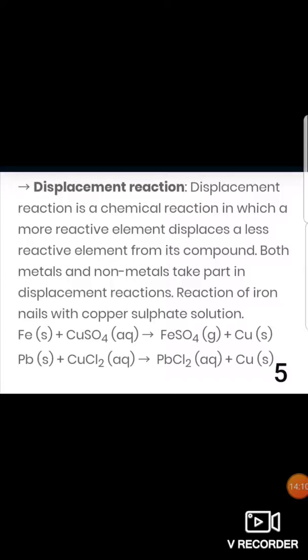When Pb plus CuCl2 aqueous react, they give PbCl2 aqueous plus copper in the products. So here lead displaces copper and takes the place of copper in the product side.